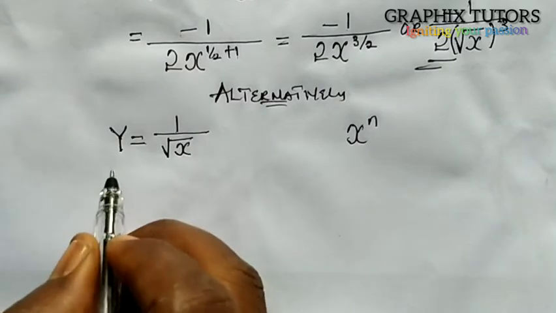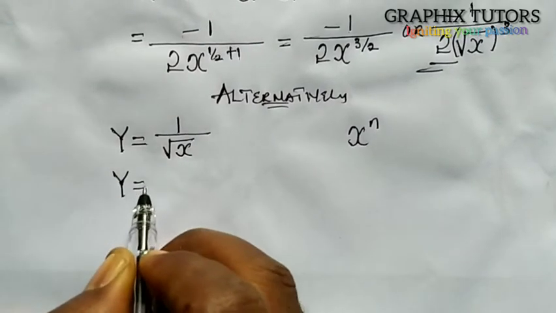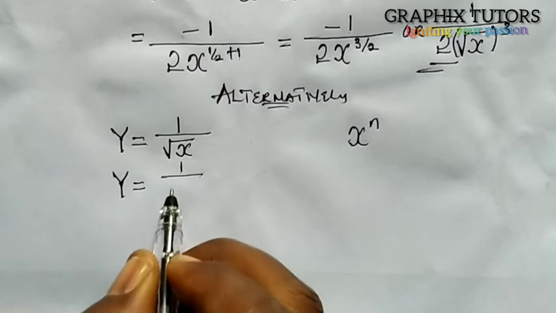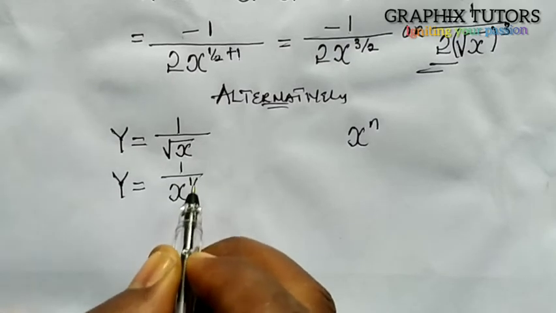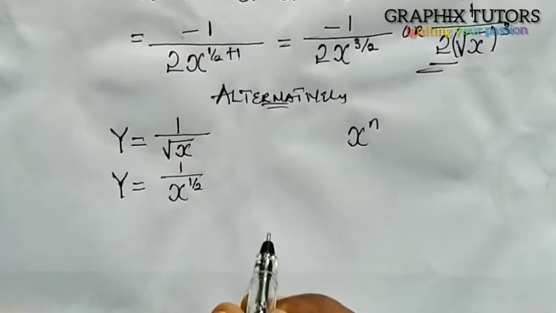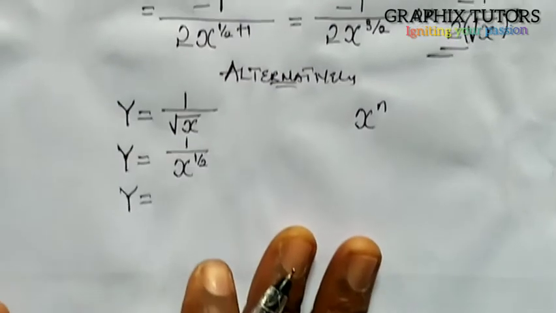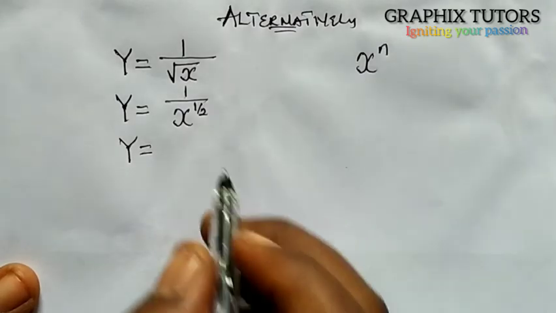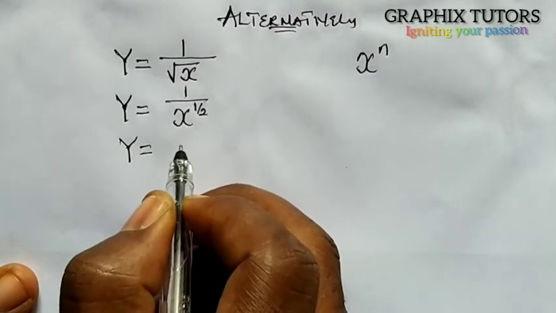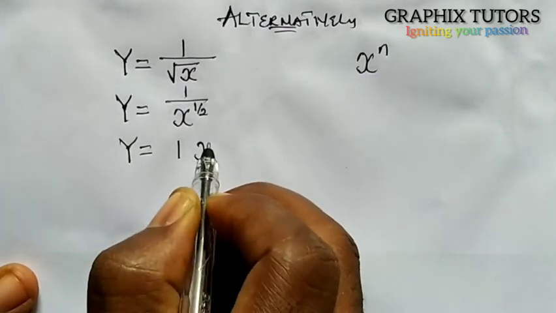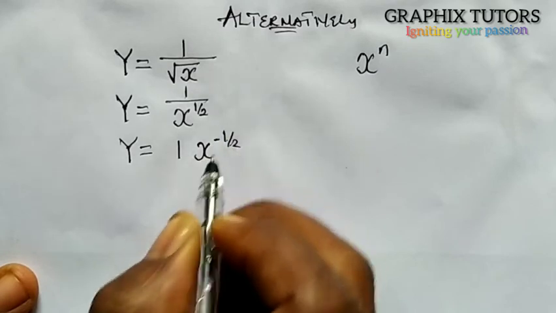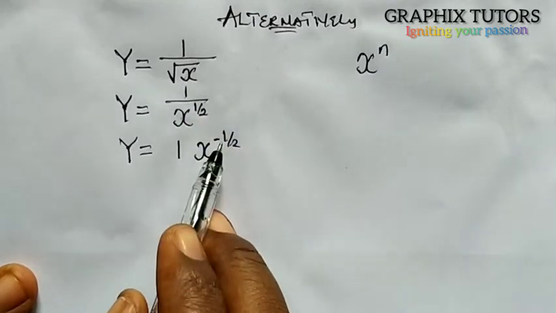So this is something as saying y is equal to 1 all over x to the power 1 over 2. That is another way of writing root x. So we say that my y will be equal to 1 times x to the power minus 1 over 2, because when this one is coming up, the power will have a negative.